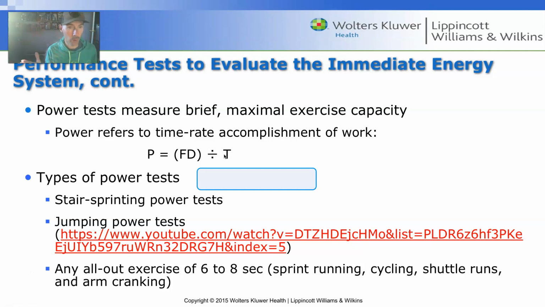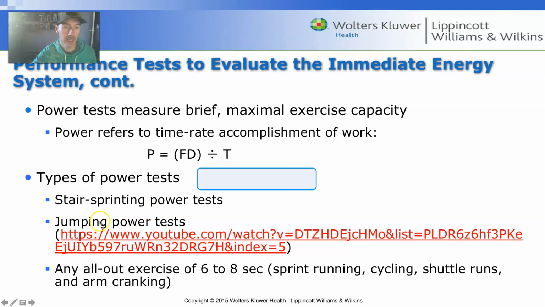Somebody who's not powerful will take a longer amount of time to generate that same amount of force, okay? So if you think about it, when somebody does a vertical jump, they're generating a ton of force very rapidly, okay? So that's what we're evaluating with these types of tests, is power.